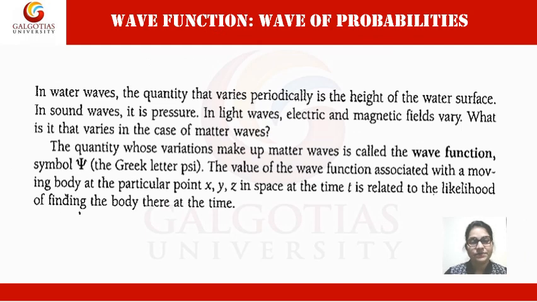In this slide we are going to discuss the basics of the wave function. In general the wave function is called the wave of probability. The concept of the wave function came when matter or material waves were introduced, and the question arose: in water waves, for example, the quantity that varies periodically is the height of the water wave.